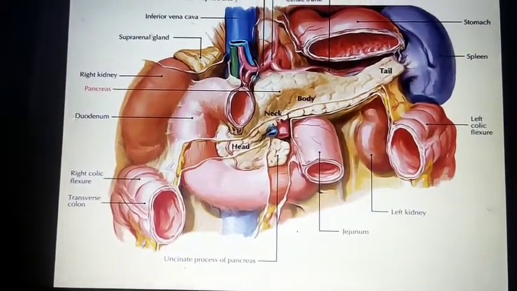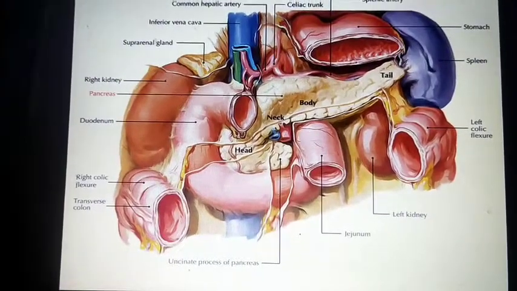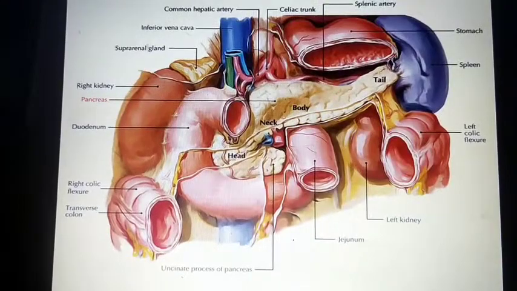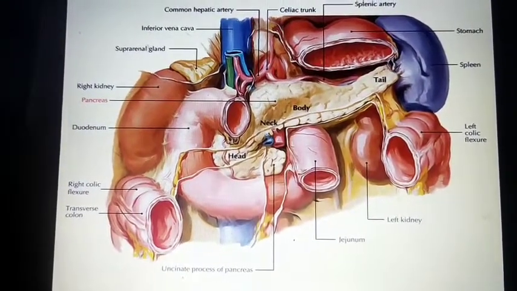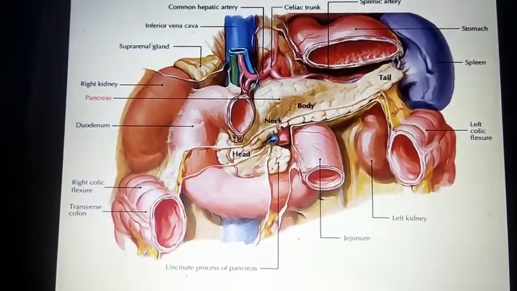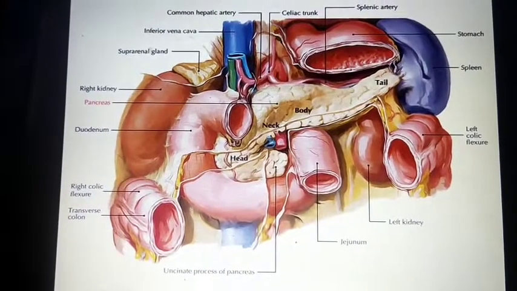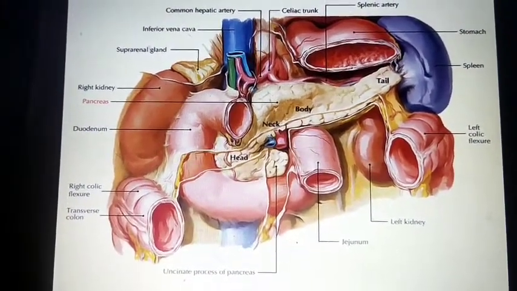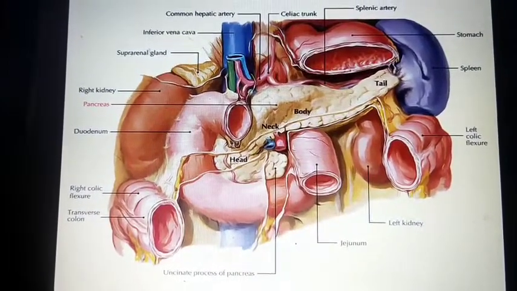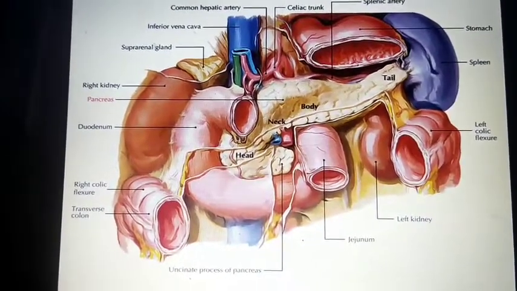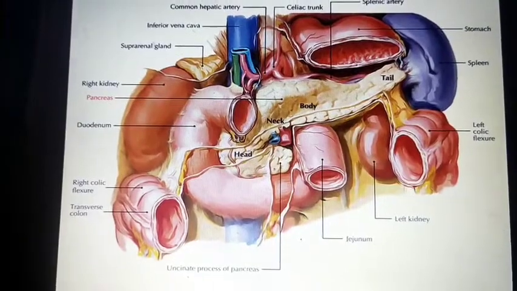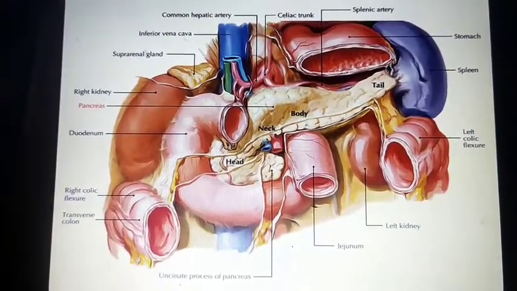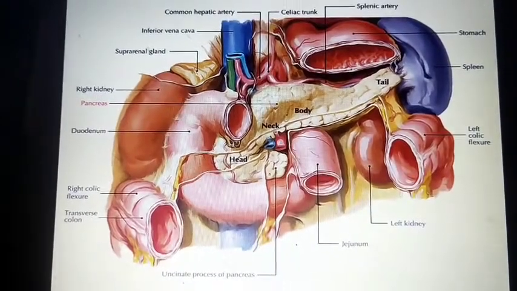Then we can go for the location, where it is present. It is located more or less horizontally, or transversely, on the posterior abdominal wall, and according to quadrant it is present in the epigastric region and left hypochondriac region.